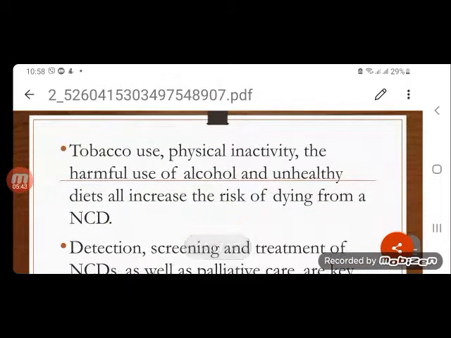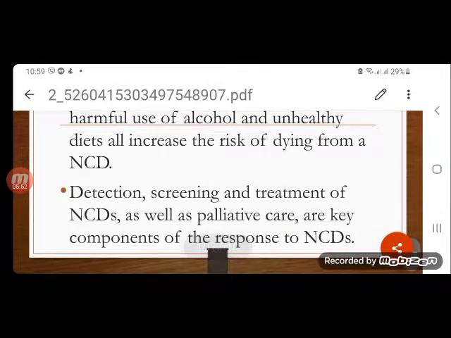Tobacco use, physical inactivity, the harmful use of alcohol, and unhealthy diet all increase the risk of dying from NCD. Detection, screening, and treatment of NCD as well as palliative care are key components of the response to non-communicable disease.